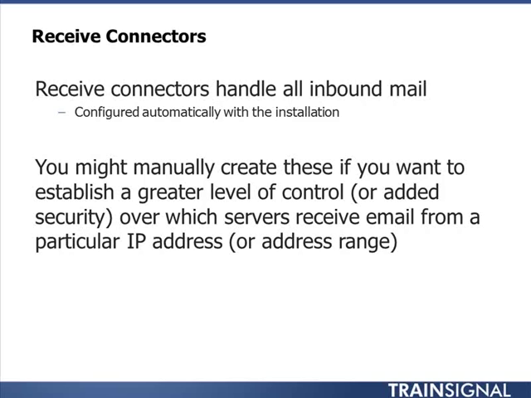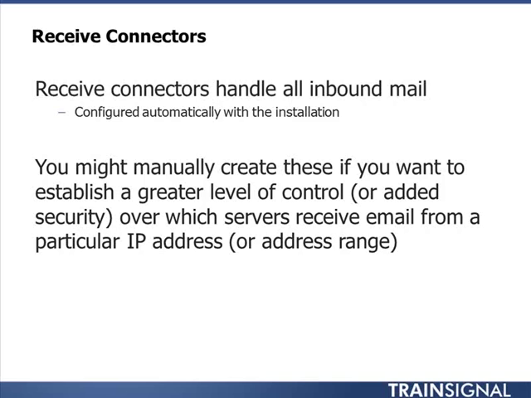And depending on how you installed Exchange, if you installed the client access server and then the mailbox server, there will be some receive connectors on the client access side and other receive connectors on the mailbox side. So in our case, we installed the Exchange server with both roles together, so we'll see all of the automatically created receive connectors when we go take a look in the Exchange Admin Center.